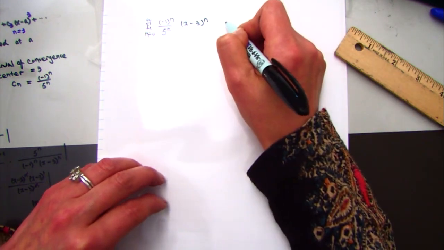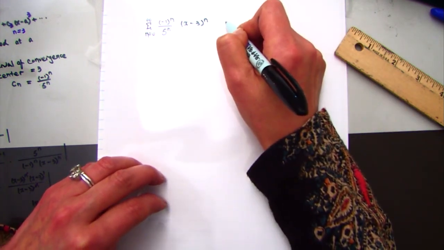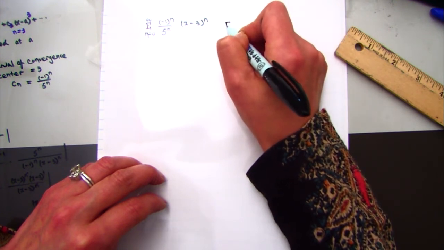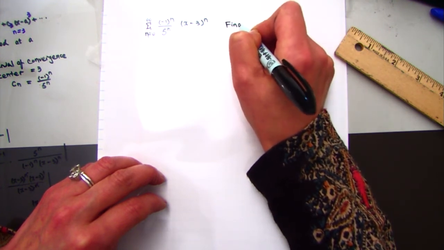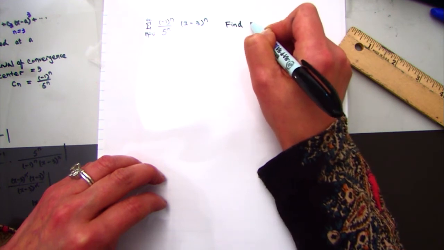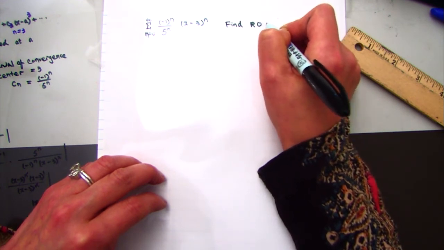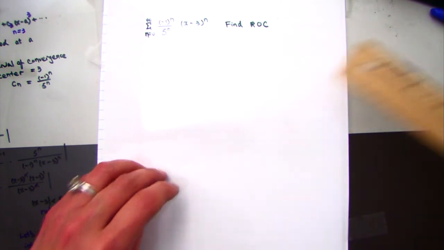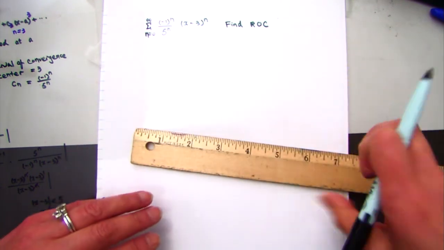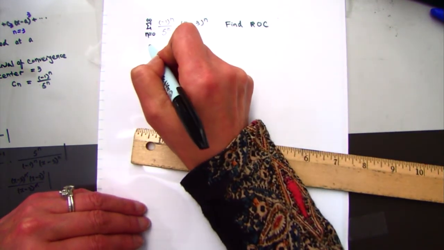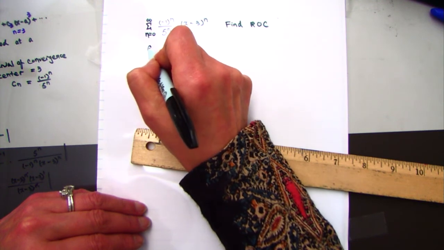And we still will, let's just find radius of convergence. Okay, all right. And we're going to interpret this as a geometric series.